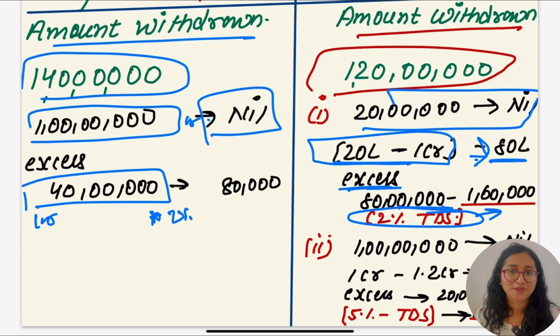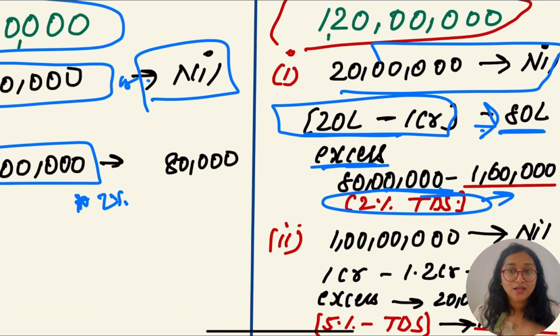Hope this point was also clear to you. And let's go for the excess of 1 crore. Again, let me say it again. Up to 20 lakh, nil, you have to pay nothing. From 20 lakh to 1 crore, you have to pay 2% only on the excess amount, which is 80 lakh. Now the amount is actually 1 crore 20 lakh, so from 1 crore to 1 crore 20 lakh, the excess amount is 20 lakh.